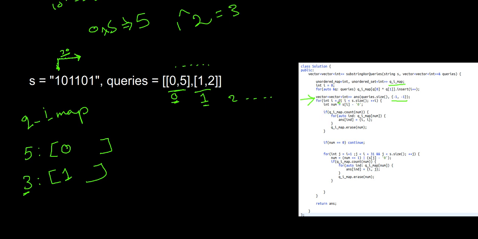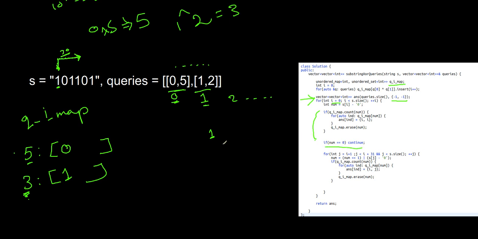So we start with index 0. It has the value 1. Then we need to check if any query has the value 1, and the answer is no. This is what we are doing here.